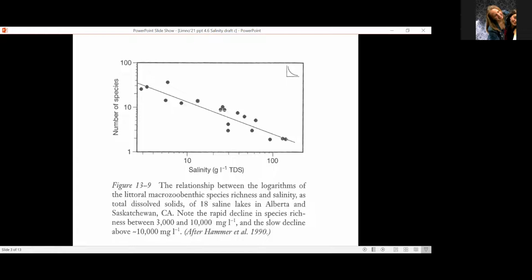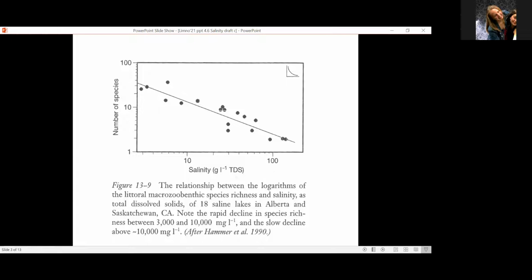So we're talking about things like dragonfly larvae, or well, I think amoebas are not macro zoobenthos, so they'd be micro. Snails, clams, leeches. So big animals that are attached animals and live in the littoral zone. So littoral, macro, zoobenthic. Species richness, number of different species.